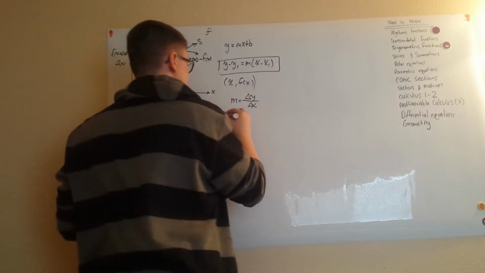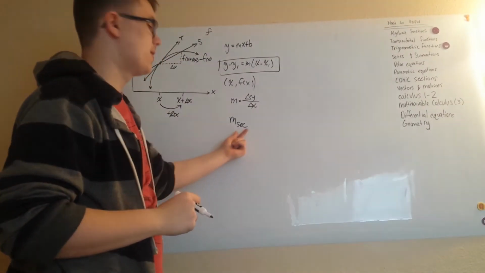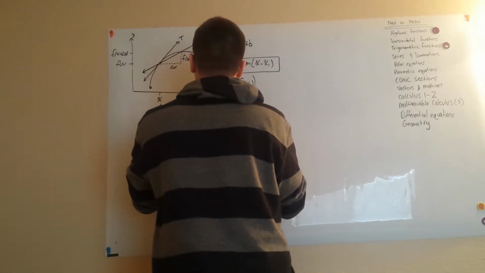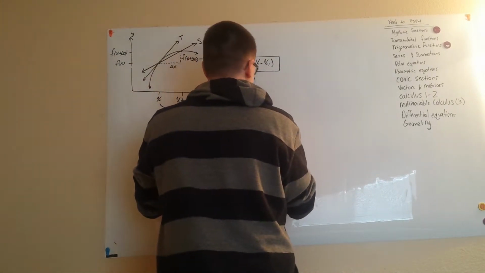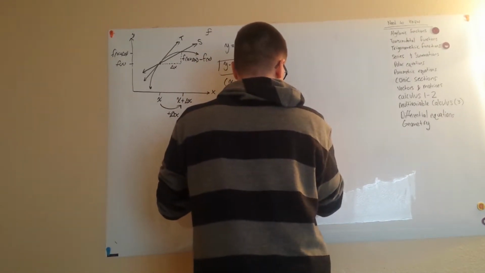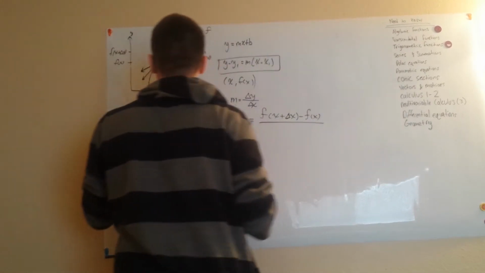So we can write the slope of the secant line. I'm going to abbreviate secant with SAC. Slope of the secant line is the change in y over the change in x.